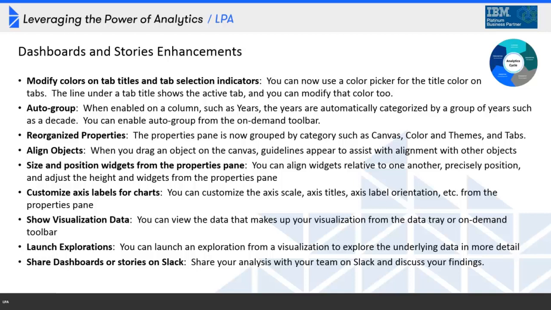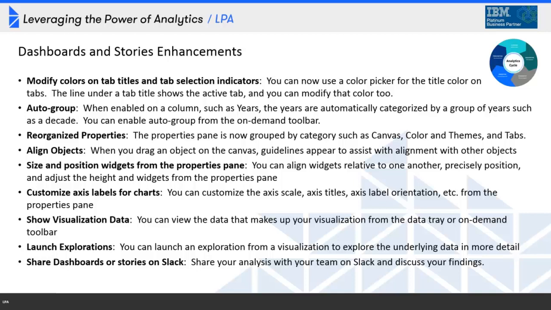Property sheets have all been reorganized. They're organized now into categories, which should make things a bit easier to find. There is a bunch of new properties. In addition to all of the color properties that are there now, you have properties now to very precisely size a widget. So instead of having to do it by dragging with your mouse, you can go to the property sheet and specify an explicit height and width for any widget in the dashboard.